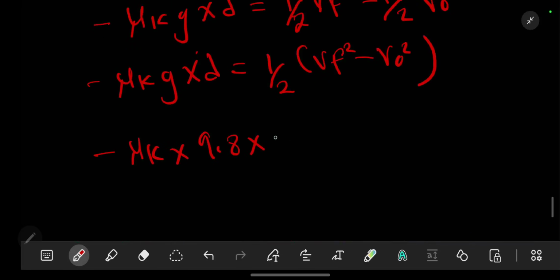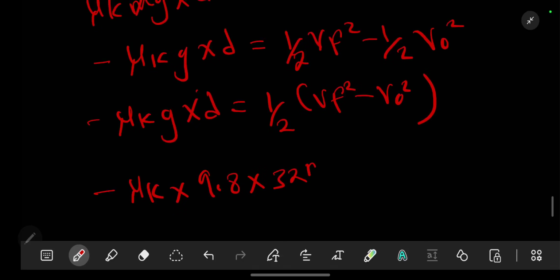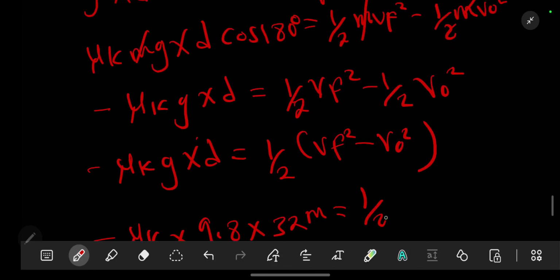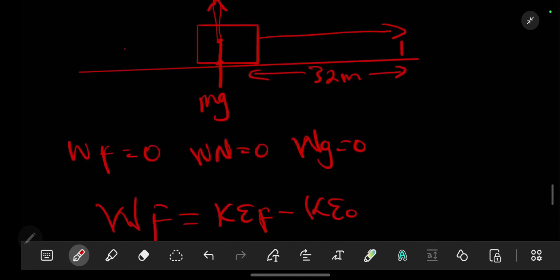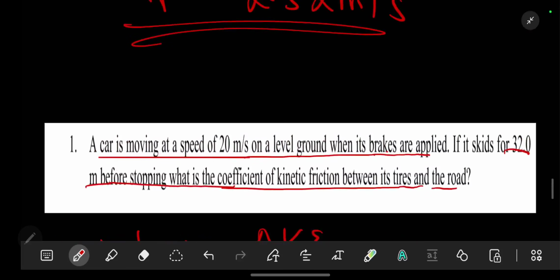So we are going to say negative mu k times 9.8 times 32 should be equal to half of our v final, which will be 0 meters per second because it stops moving at that point, minus the initial velocity. What are we asked? What is the coefficient?